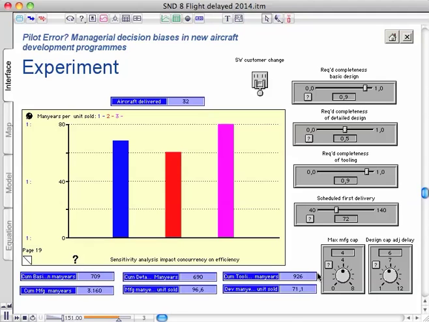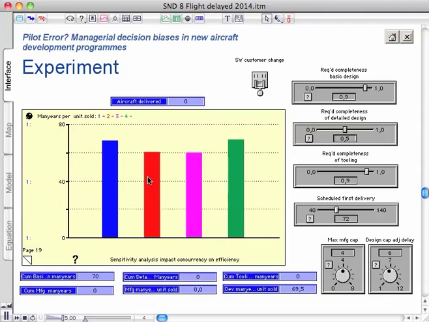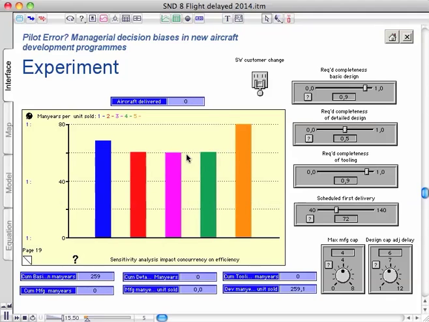This one should even be better, so here we are at, this is 0.9, this is 0.7, 0.5, and here we've got 0.3. So very high concurrency. Still not such a bad idea at all. Slightly higher than the previous one.